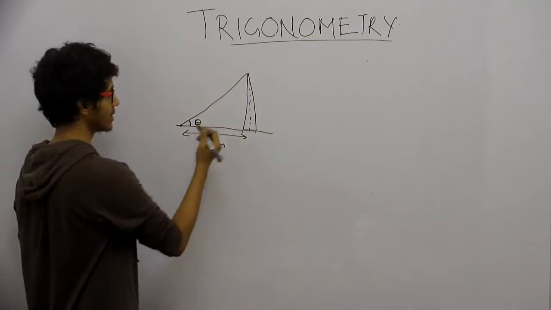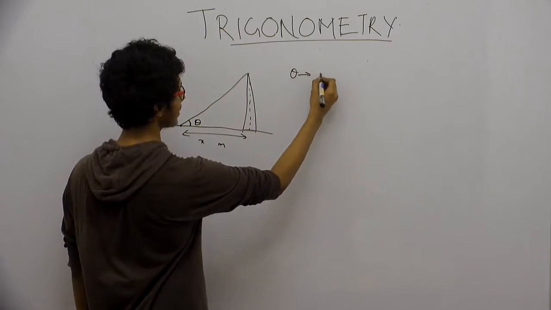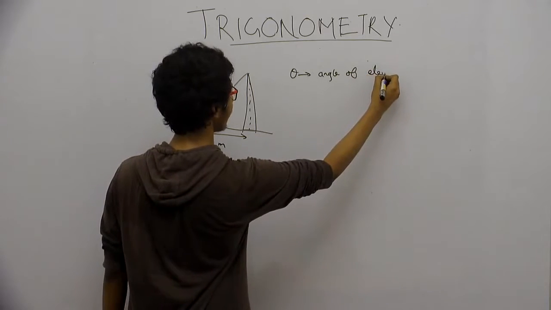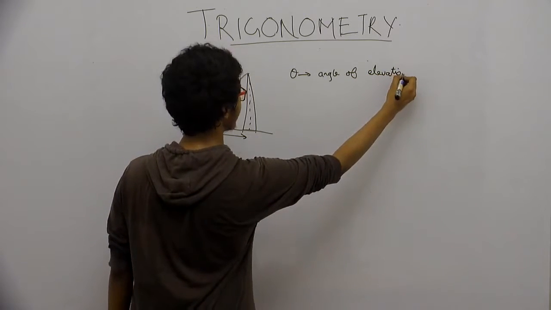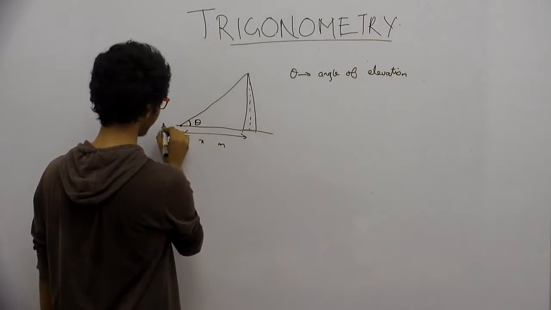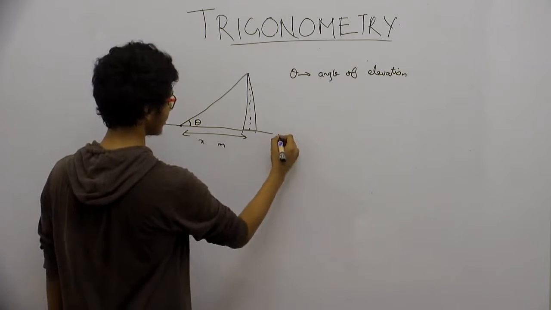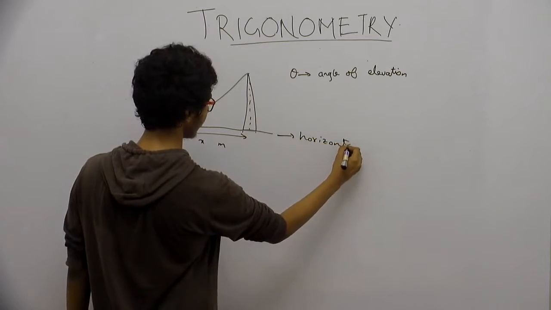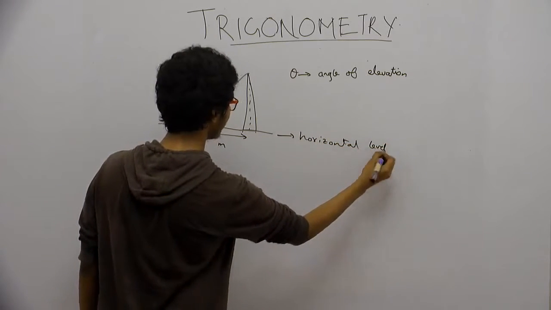Okay, so this theta, in this case we call it the angle of elevation. This bottom line from where the observer stands, this is the horizontal level.